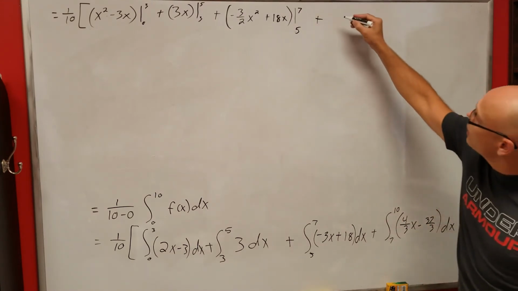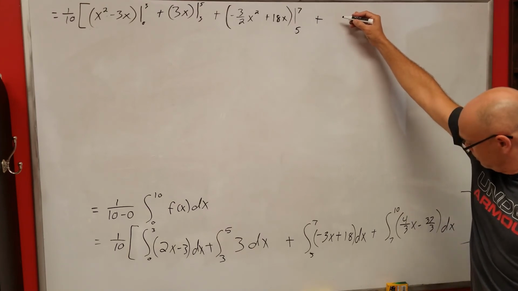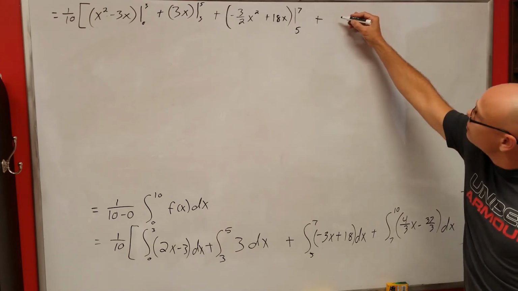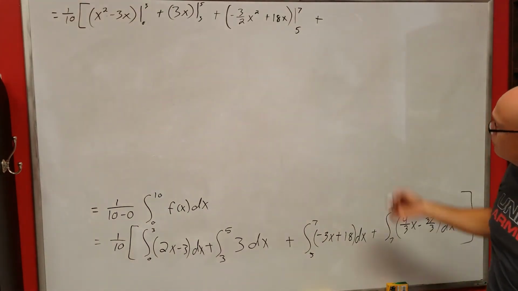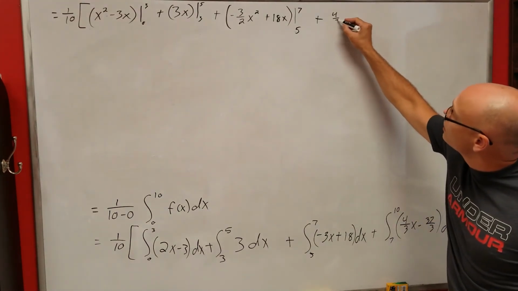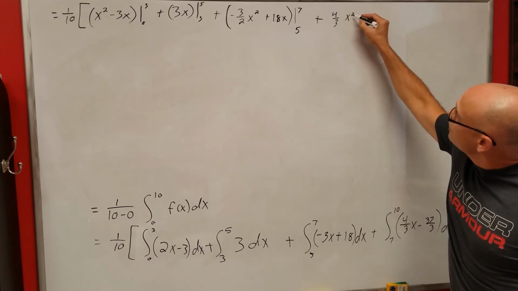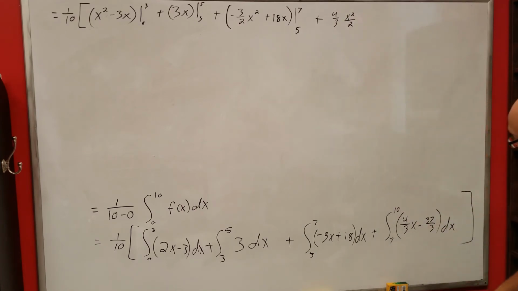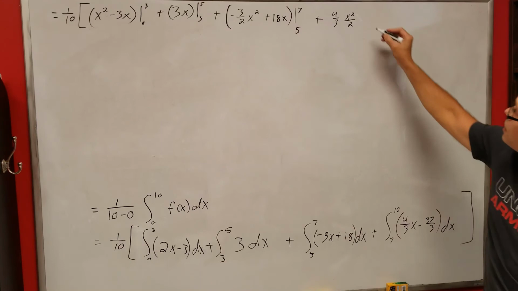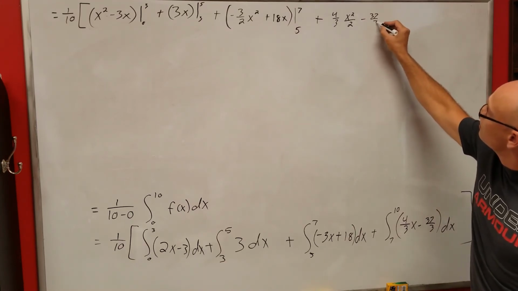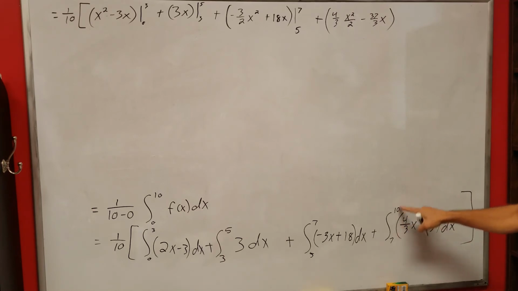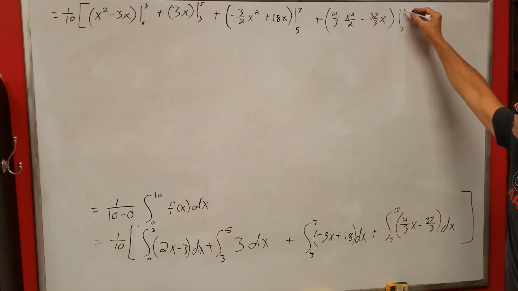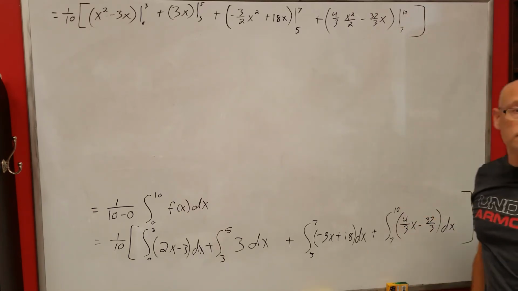What is that? 4/3 x squared over 2. Or how could I rewrite that? Well, let's just do it that way. 4/3 x squared over 2 minus 37 thirds times x from what to what? 7 to 10, right? From 7 to 10. Close that off.